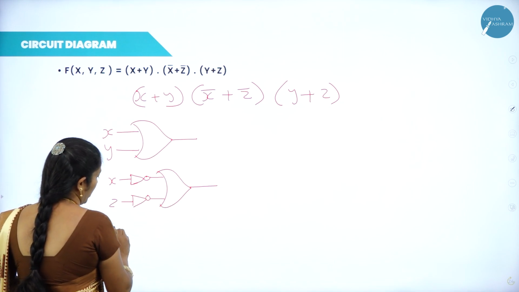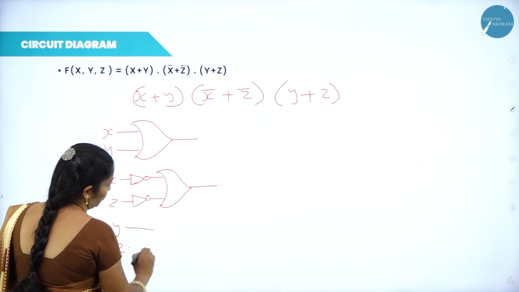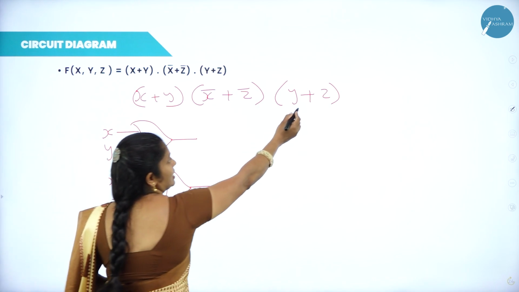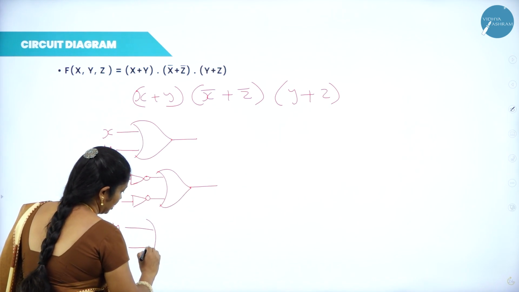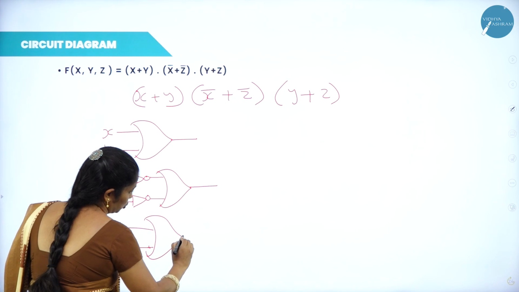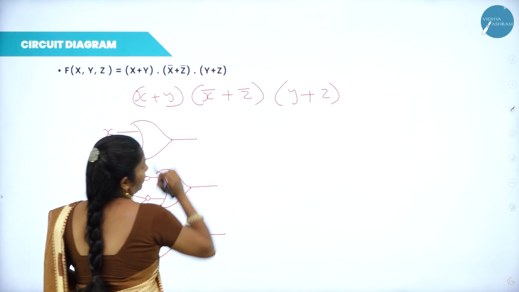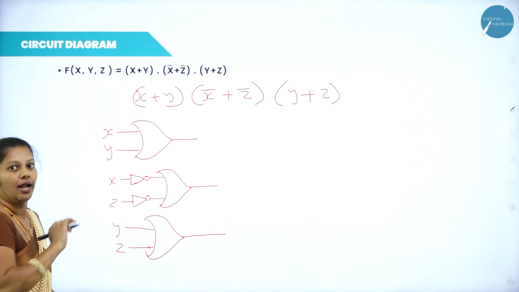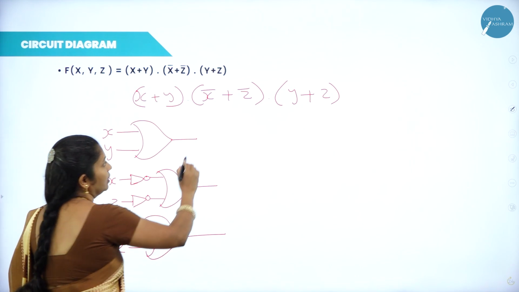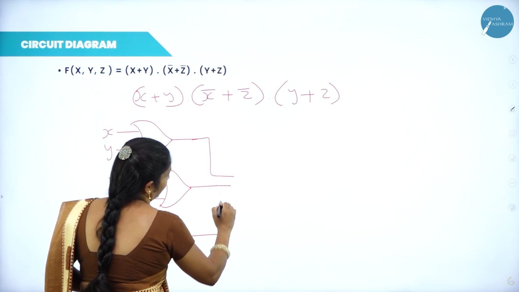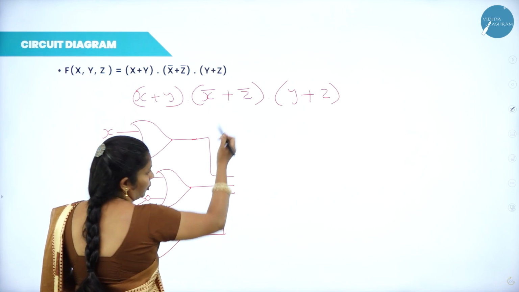The last part Y and one more is Z we require. In between once again plus operator, a reverse C shape we will write. Connect these two. But all the three parts are connected by dot operator. If you don't have any operator, it is assumed that it's a dot operator. Once again connect all the three with which shape? Dot operator.